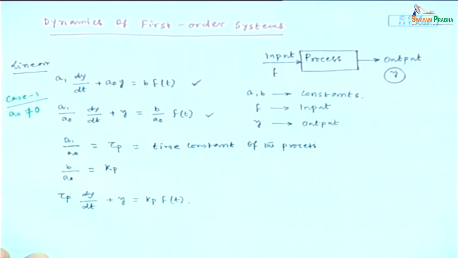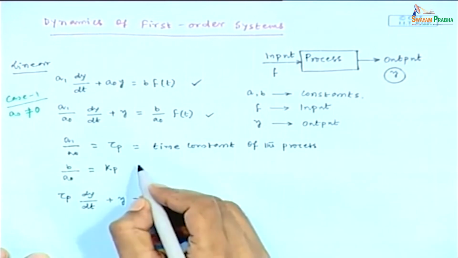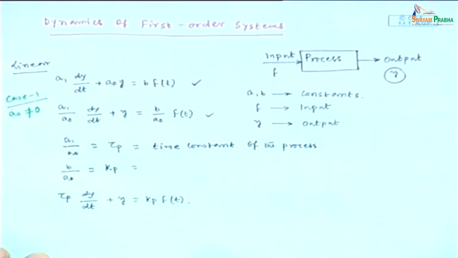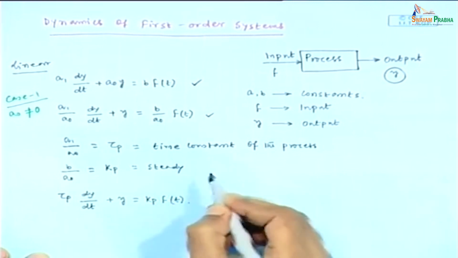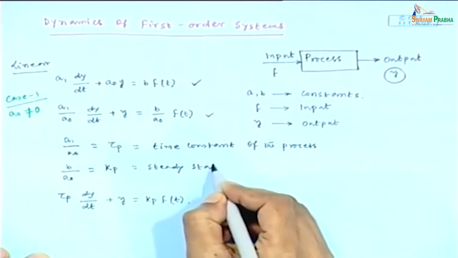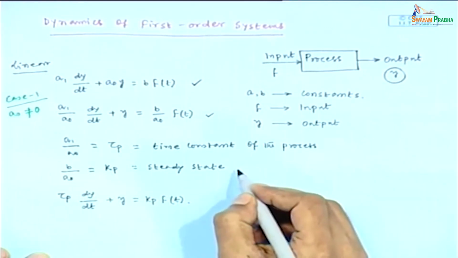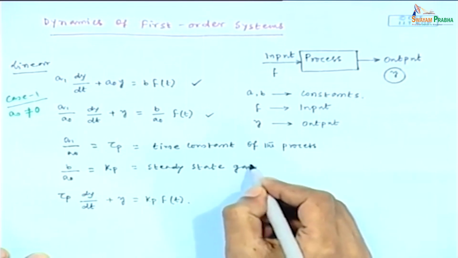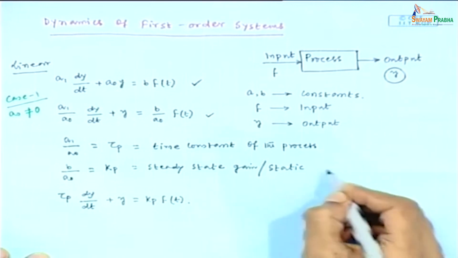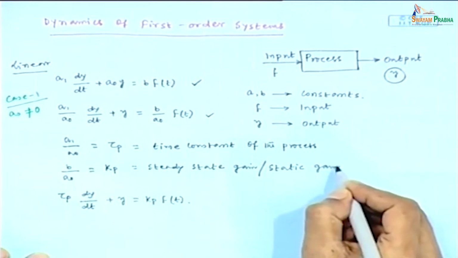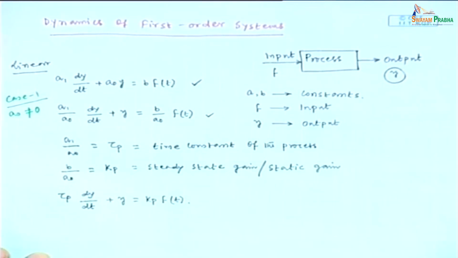So, this is the time constant of the first order process, and K p is called steady state gain or static gain, or only gain, I mean the gain of the process.